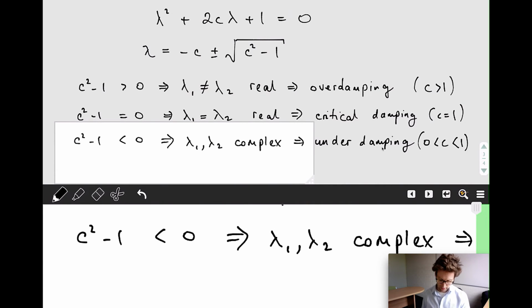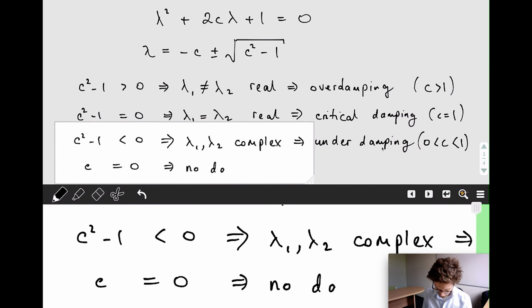Now we're also asked about the possibility of no damping. That is, when c is equal to 0. In that case, we get no damping. We're just turning off the friction altogether.